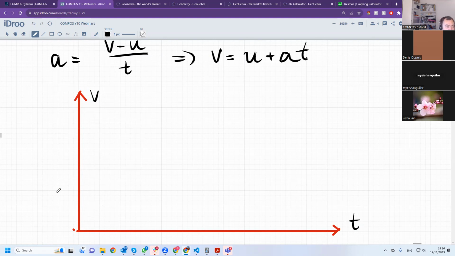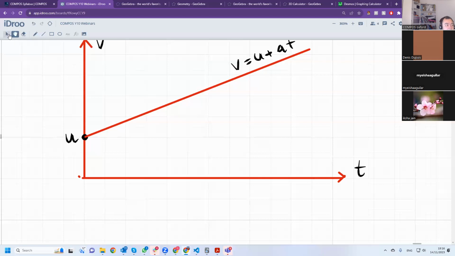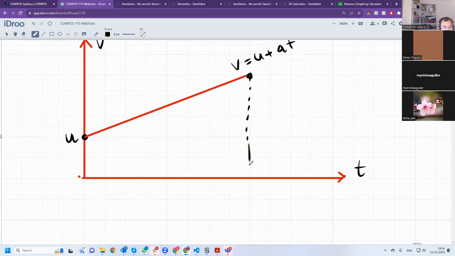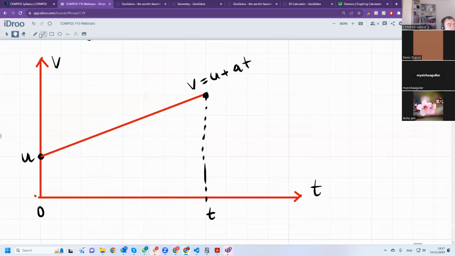When time is 0, velocity is u, the initial velocity. And then as time goes by, the velocity increases. So the velocity is u plus at. After some time, let's take this time to be t. The final velocity is, of course, v.